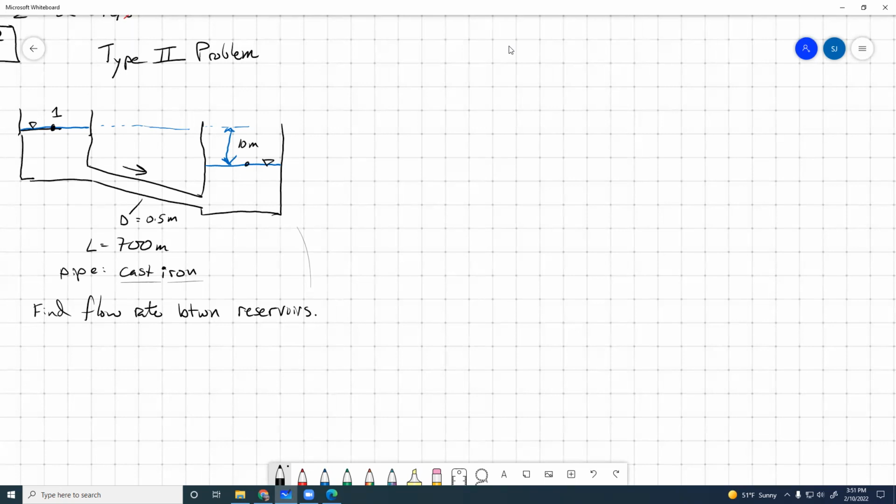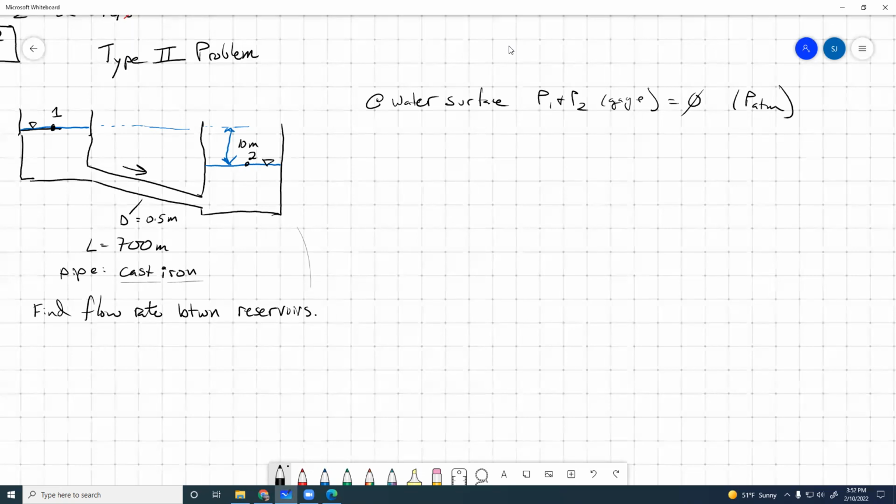Yeah, so we can say that at the water surface, P1 and P2 gauge equals 0, atmospheric pressure, right? So that kind of simplifies the problem.